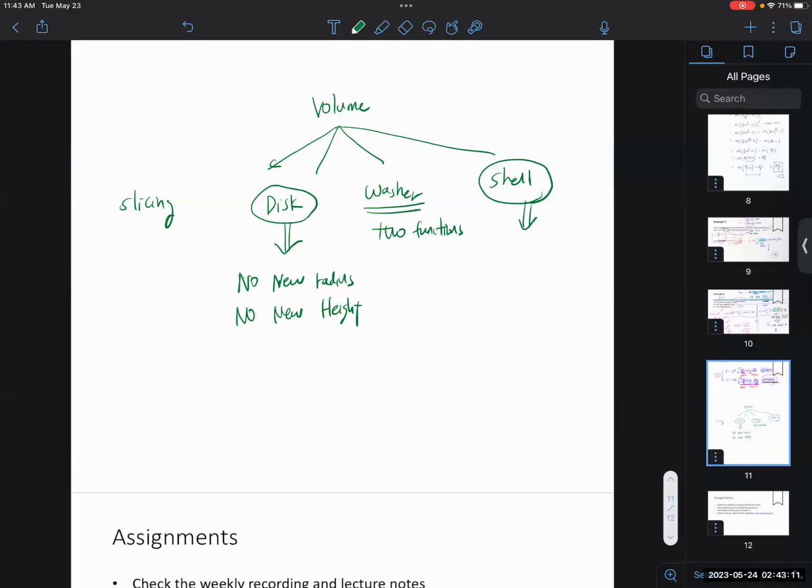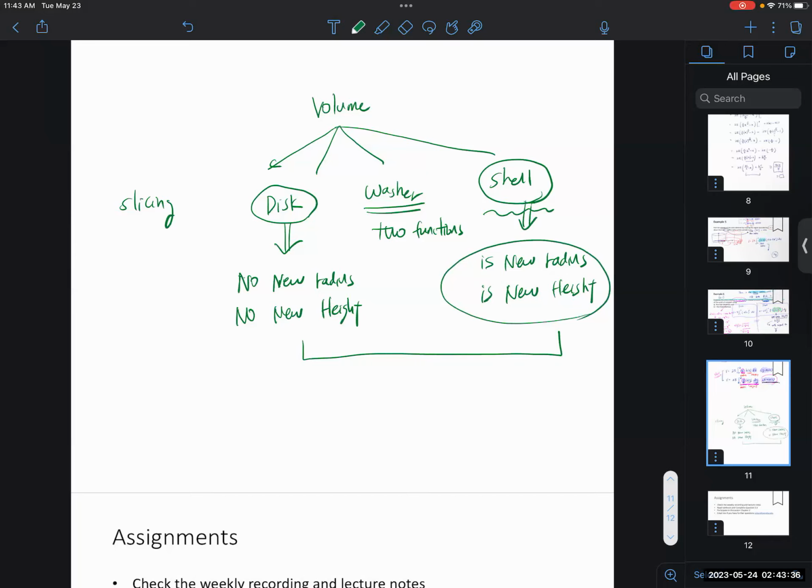But if you have a new radius or new height, that means your radius is changing based on the x variable, your height is changing based on the y variable. Then the shell method is going to be very, very useful. You can use both if there's no new radius or new height, but if there is, shell is always the way.